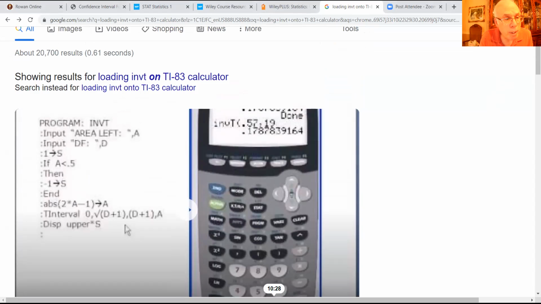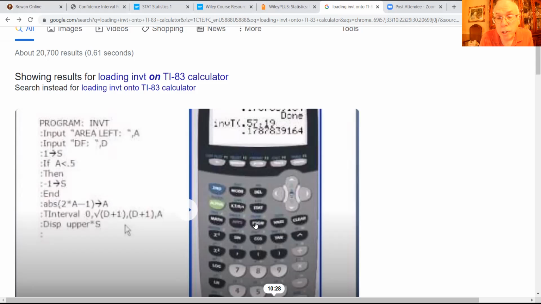And what's going to end up happening is you're going to program this into your calculator. In other words, there's a program button in your 83 calculator, so people with 84 calculators have it. And you're going to program it by following the steps here. And it's going to end up being called INVT.